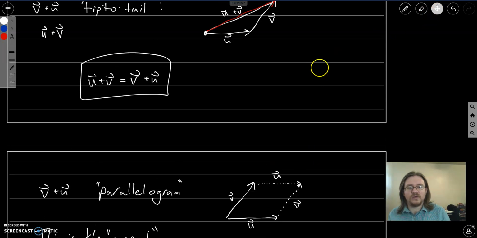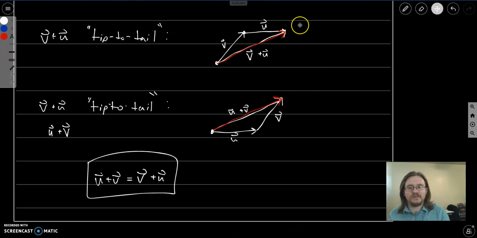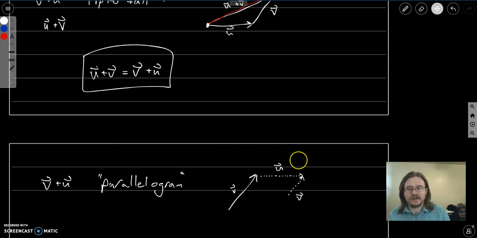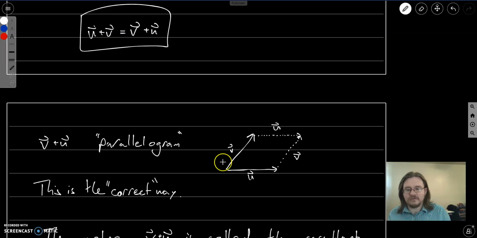And from what we saw before, v plus u or u plus v, however you want to add them, starts at the beginning and ends after following both vectors. So here, if we start at the beginning and end at the end of both of those vectors, this is our v plus u.